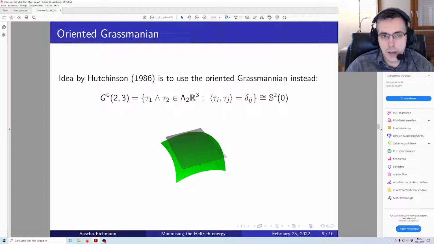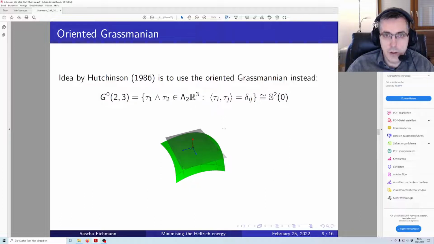And this is given by an orthonormal basis, tau 1, tau 2. And this, of course, corresponds to the unit sphere just by taking the cross product of tau 1 with tau 2. And this will give you something like this. So these blue arrows here represent the basis of this gray tangential space. And this red arrow here is then the corresponding normal given by this orientation.